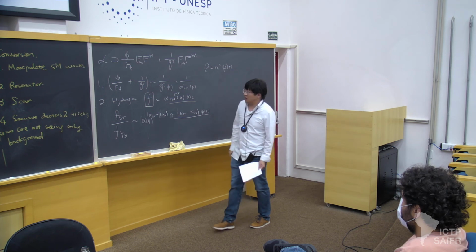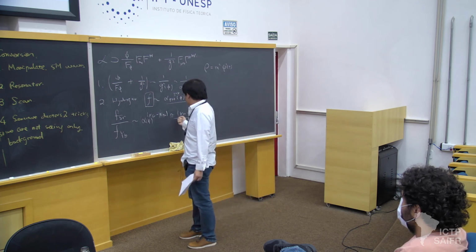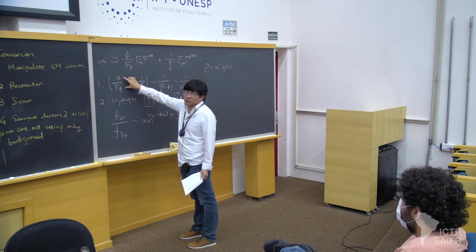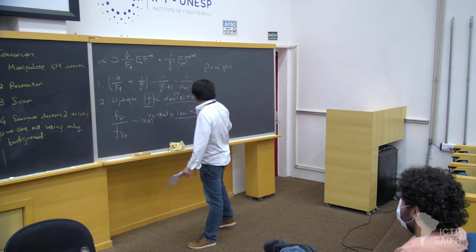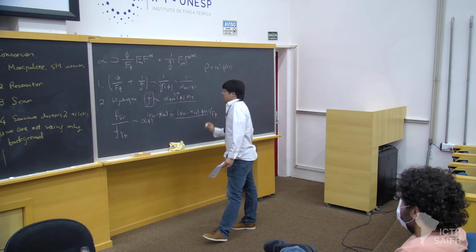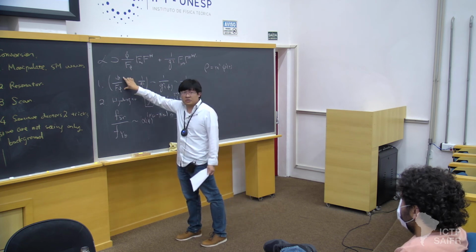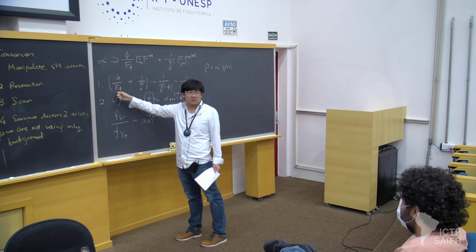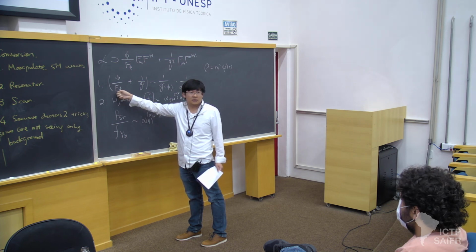And then from this measurement, you know what is the size of this ratio, and as a result, you know what is the scale. Okay, so that's basically the homework problem.